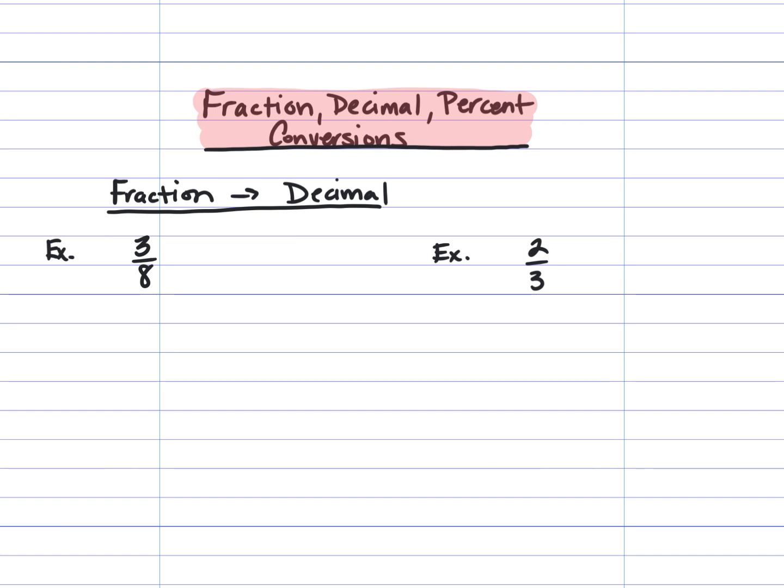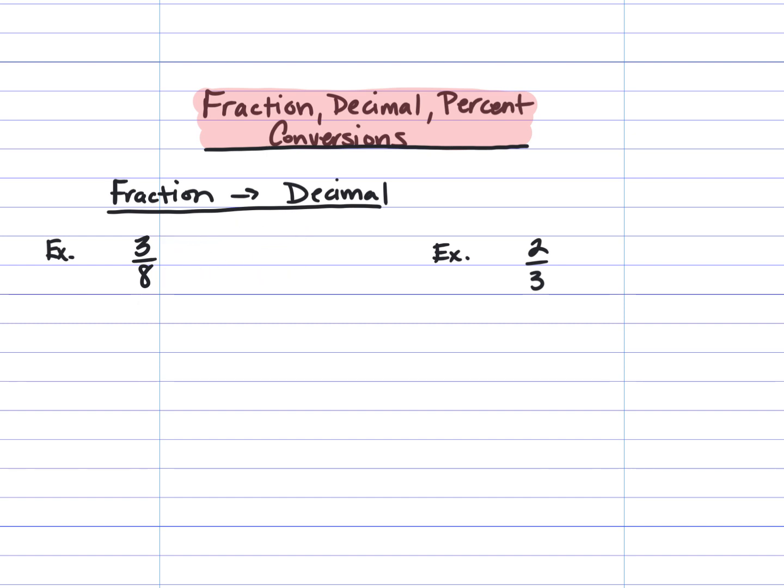We are starting out with a fraction to decimal conversion, and we learned in the last video that fractions are just like division problems. The numerator is the dividend, the denominator is the divisor, and we're going to see how many times the divisor goes into the dividend.